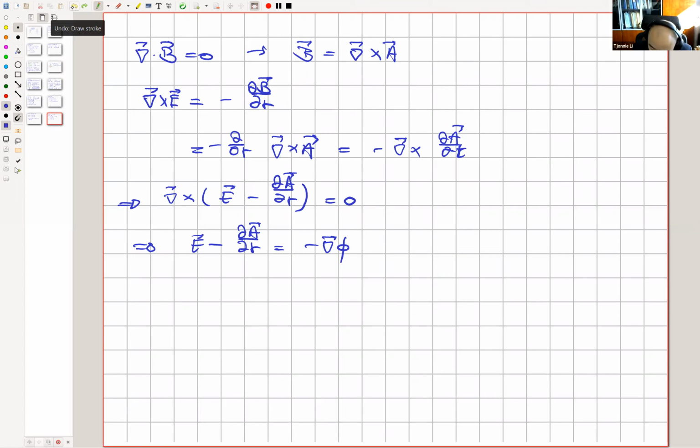That doesn't mean I can't still define E, but it's still the negative gradient of phi, but now with, oops, no, a plus minus sign here. And this should now be minus partial A partial t.